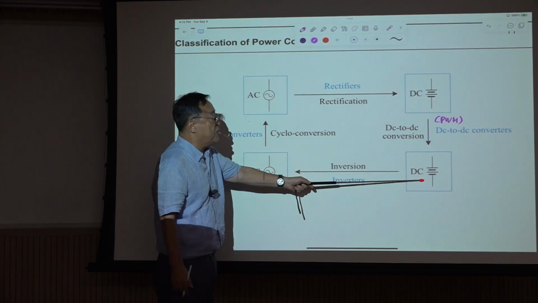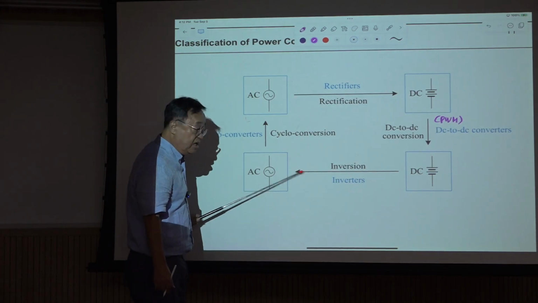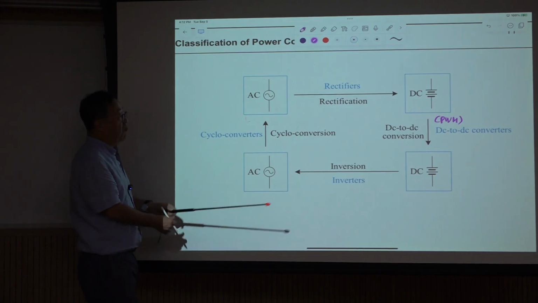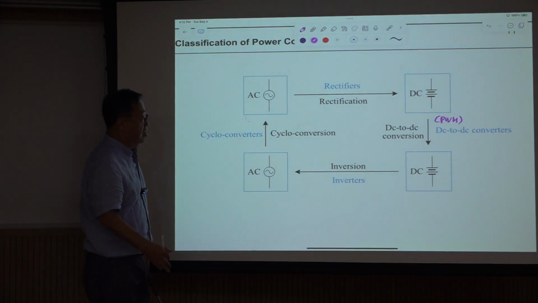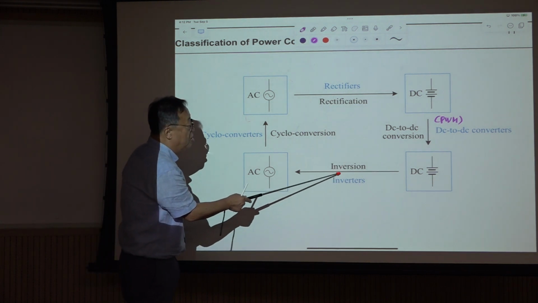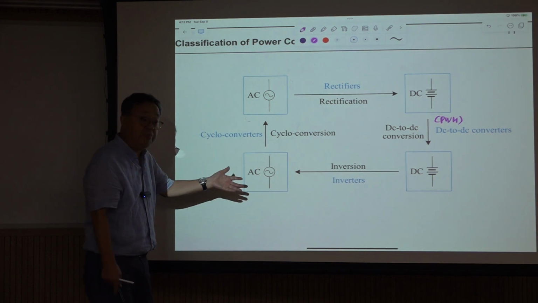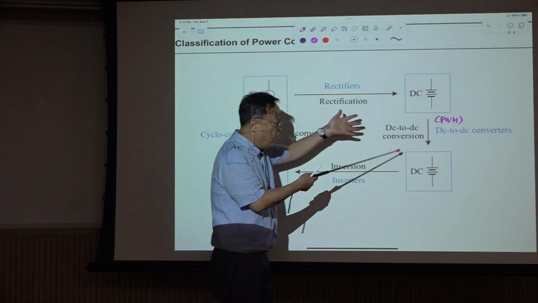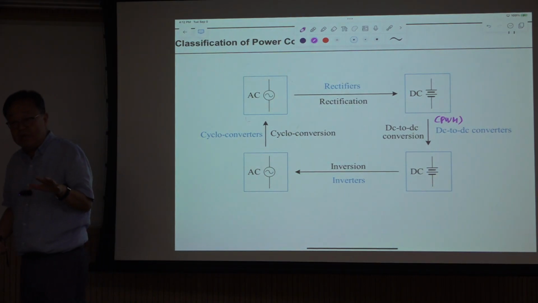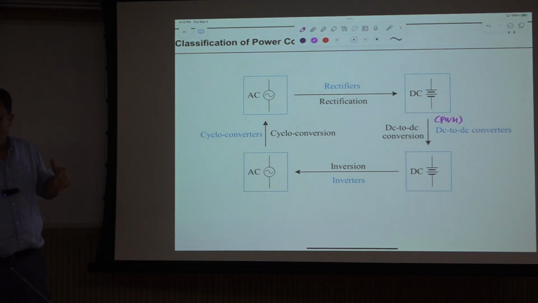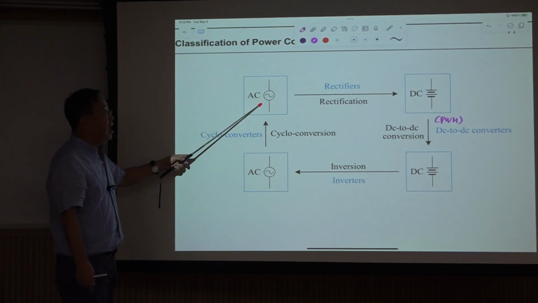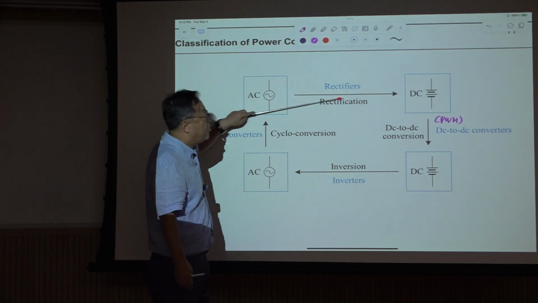Sometimes we need to change DC to AC. This process is called inversion, and the circuit performing it is called an inverter. Why is this inversion and why is that just conversion? What is the difference between inversion and conversion? In the past, for most applications, power was coming as AC, and people used rectification.